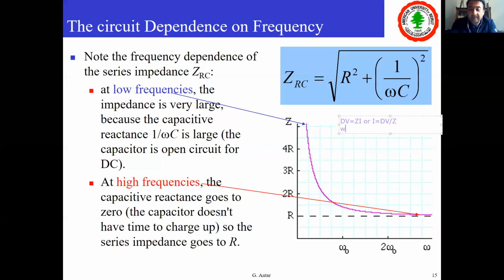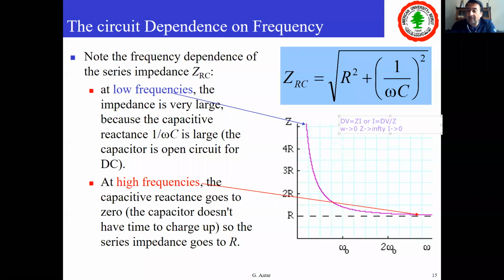So as omega goes to 0, 1 over omega tends to infinity, this means Z tends to infinity, and if Z tends to infinity, my I tends to 0 because it is delta V divided by Z.